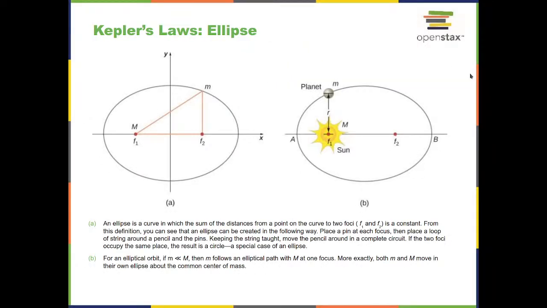If we have an ellipse here where this little mass is going around the larger mass, then that larger mass has to be at one of the two focus points in the ellipse. And so here the planet is going around, the sun is at the focus.